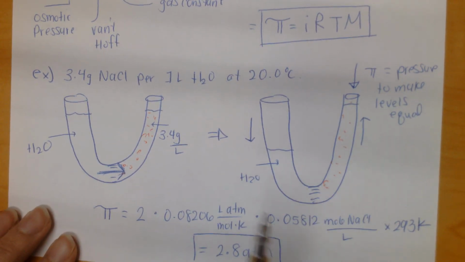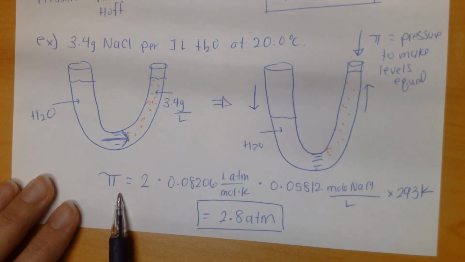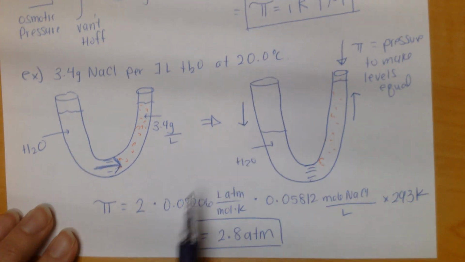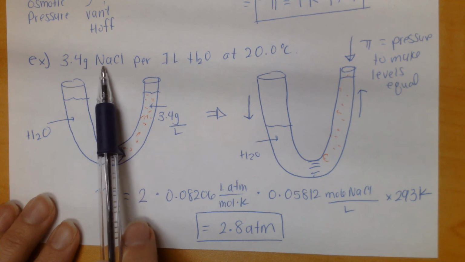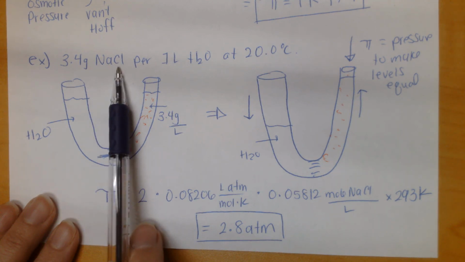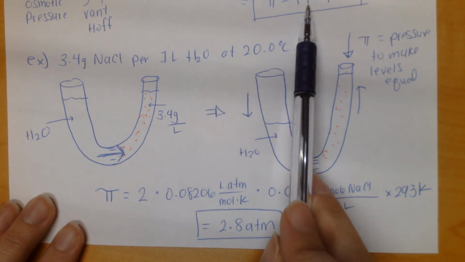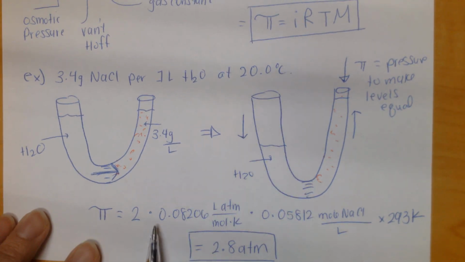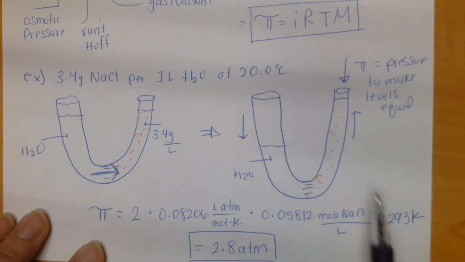Pi equals: I is 2 because it's NaCl, so we get a sodium and a chloride particle, times R, 0.08206 liter atmosphere per mole Kelvin. Temperature in this problem is 20 degrees Celsius, which is 293 Kelvin.